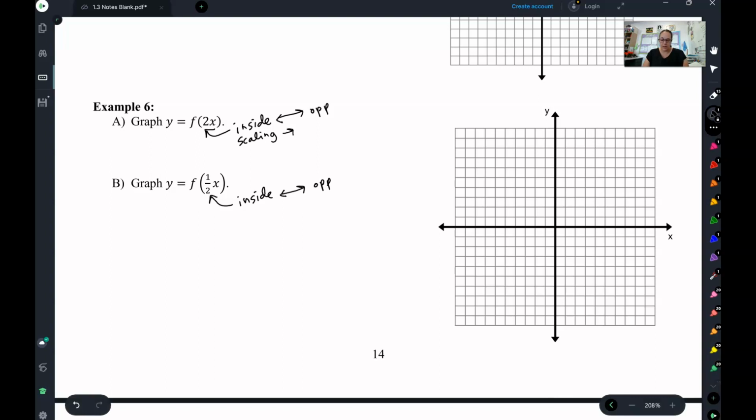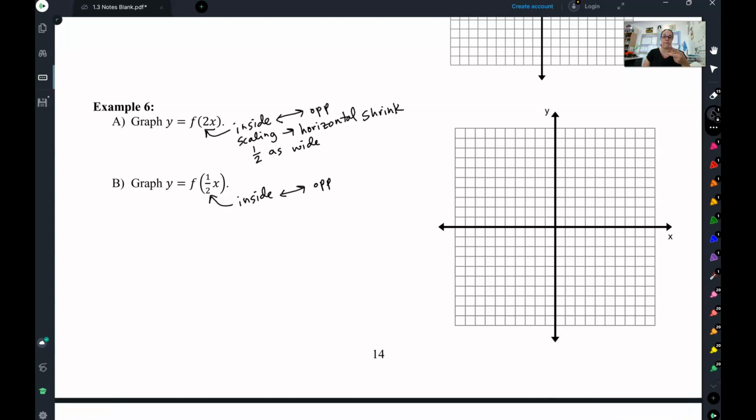And like we just said, because it's inside, it's side to side, so this is going to be a horizontal. And usually we would think this is 2 times as wide, but remember inside is opposite. So this is actually going to be half as wide. So this is actually a horizontal shrink because inside is opposite.